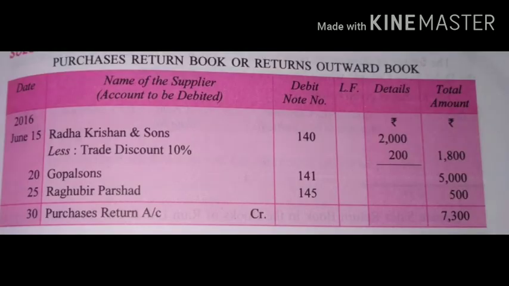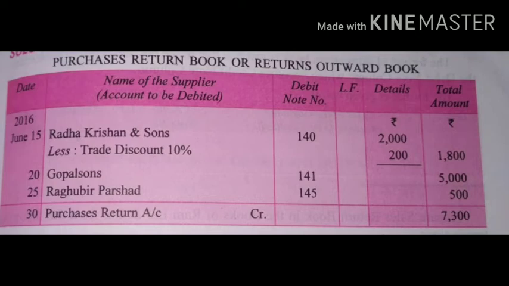So in the purchase return book we will put the date, that is June 15th, and in the column for the name of the supplier we will write the name of the supplier from whom we purchased goods, that is Radha Krishna and Sons. The debit note number is 140, and we are returning 2000 worth of goods, so 2000 we will write in detail.